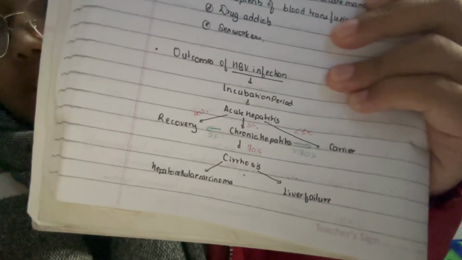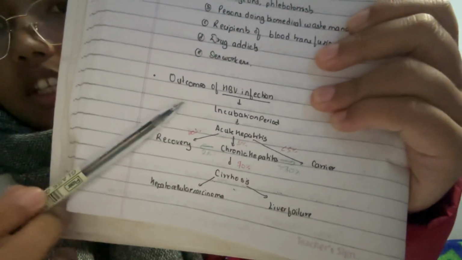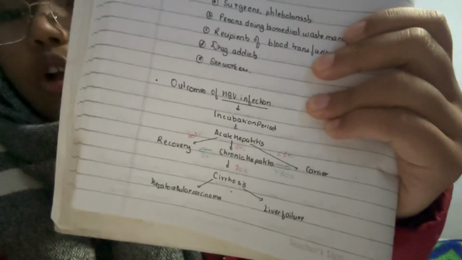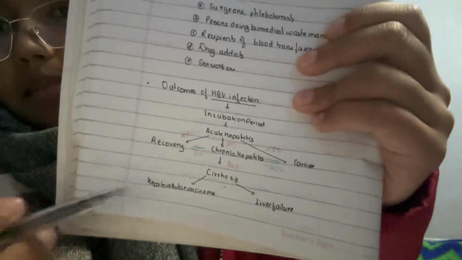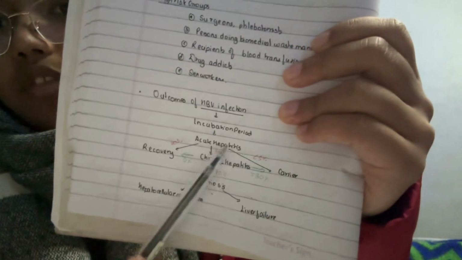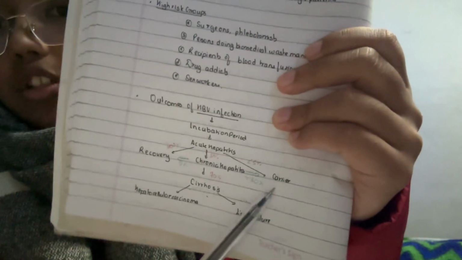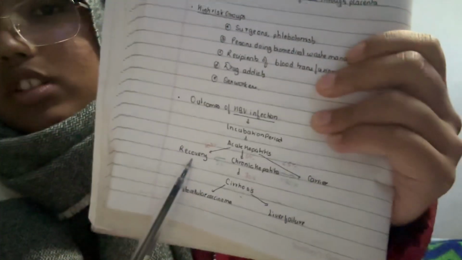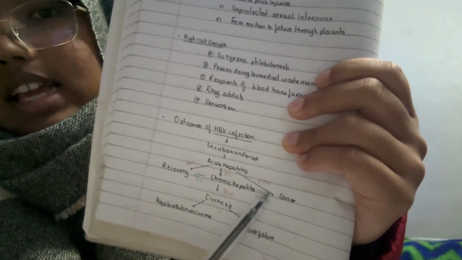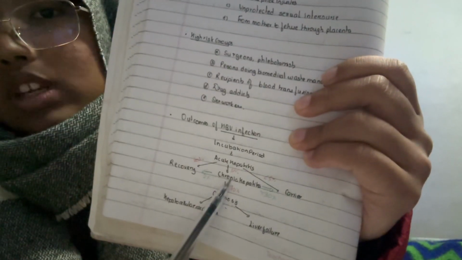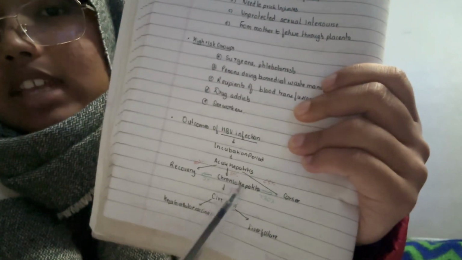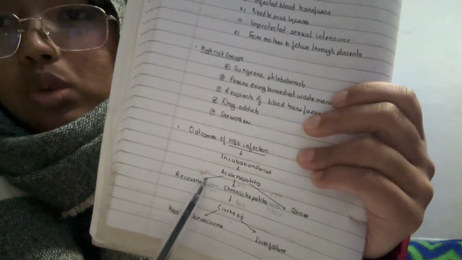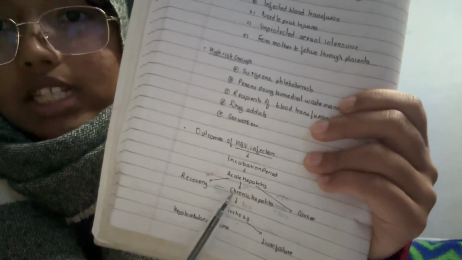This is a quick flow chart that I also want you to see: after incubation period and acute hepatitis, almost all of the infections cause acute hepatitis, and most of the acute hepatitis actually resolves, they recover. Some stay as carriers, some develop into chronic hepatitis, 5% and 5%, and 90% recover. So it's actually a good prognosis if you ask me.